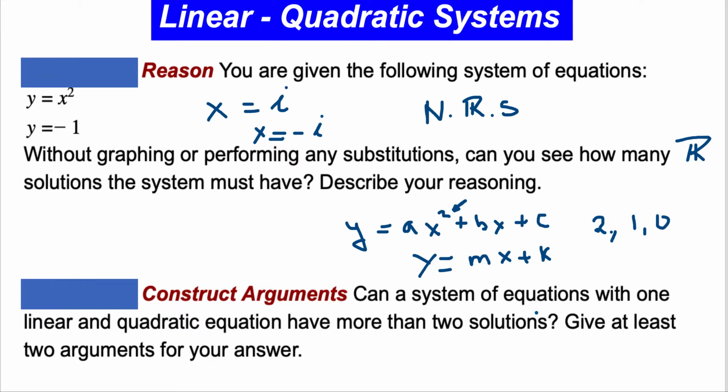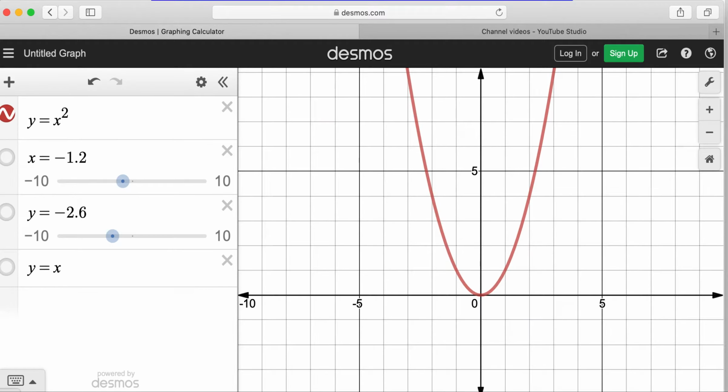But if we want to find out graphically, let's say we have it in Desmos, and we have here a parent function. I took y is equal to x squared, and any quadratic function is upward or downward.